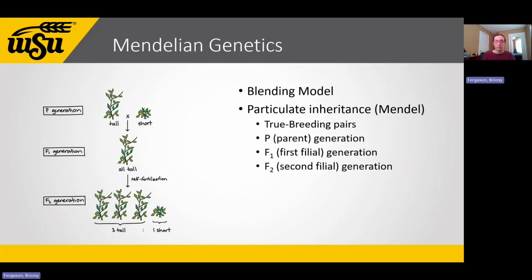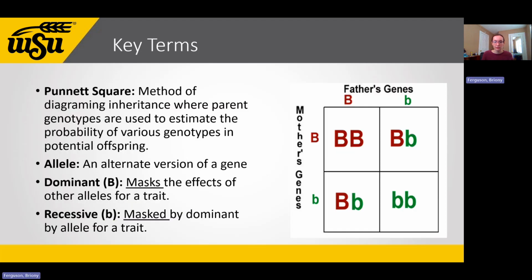Then you get to this F1 generation, or the first filial generation, and this is the offspring of the parent generation. So when you move over here, this one is not correct, but just for reference.